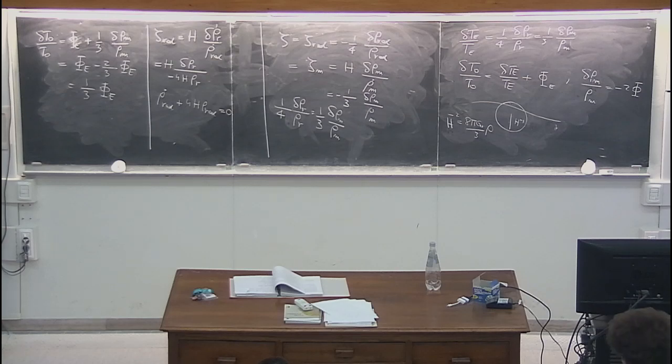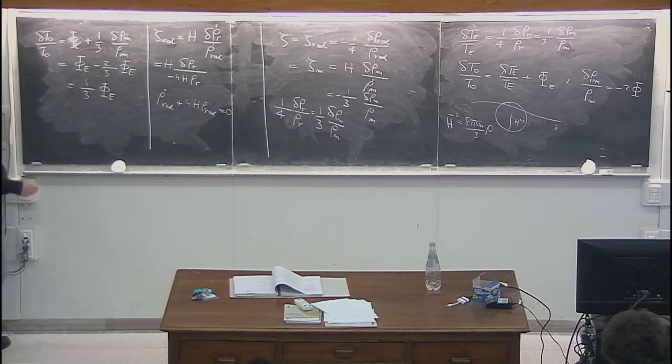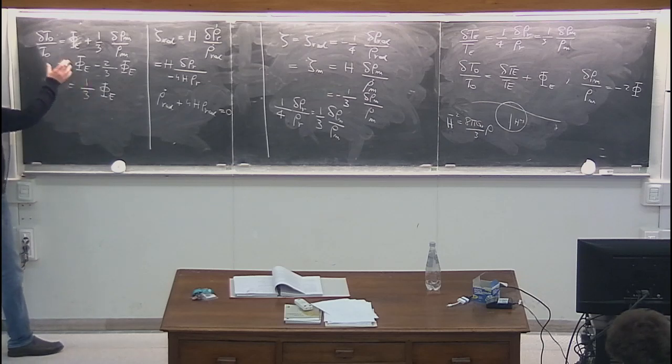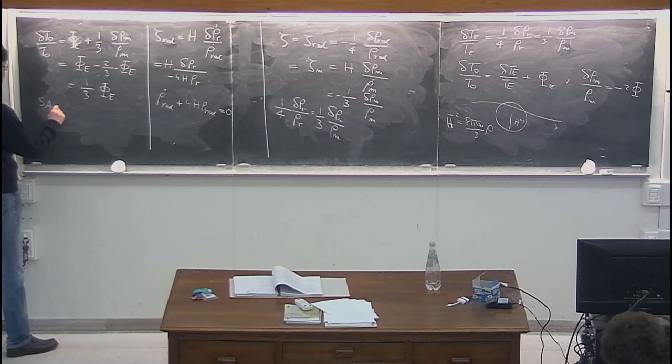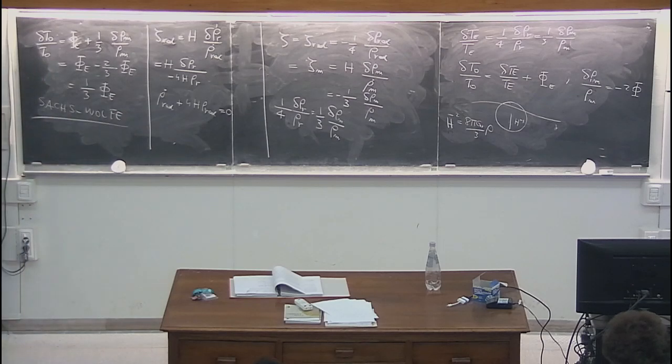So if you perturb your universe and you look at perturbations in the temperature on scales larger than the Hubble radius, your perturbed universe is reflected in the temperature anisotropy by this formula here. This is the famous Sachs-Wolfe effect. Okay, so we have this factor 1/3.